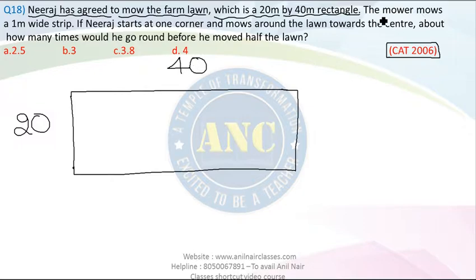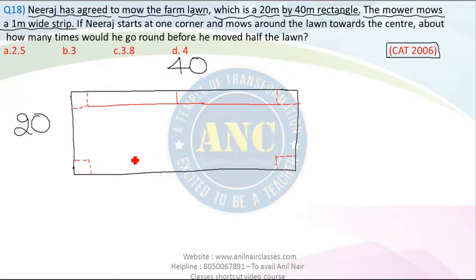Now the question says the mower mows a 1 meter wide strip. That means he will mow a 1 meter wide strip. Can I say that 1 meter like this he will mow it? That means in simple language this particular value is 1 meter, right?